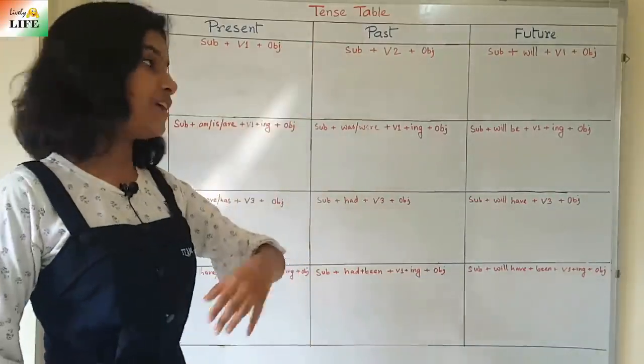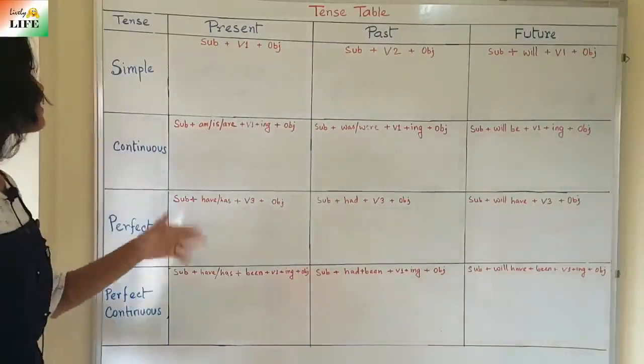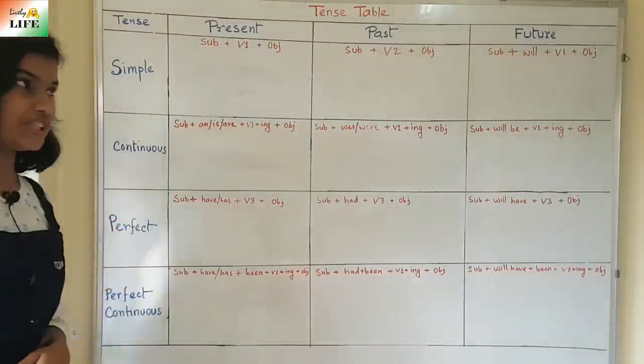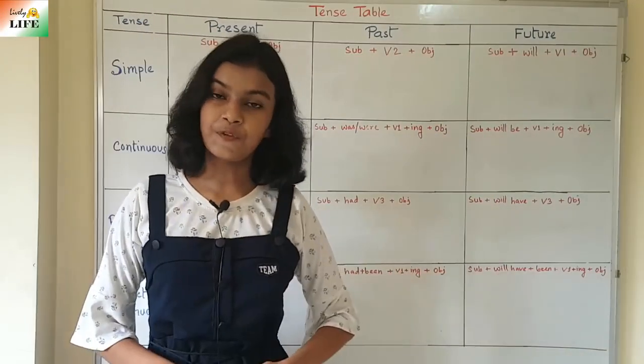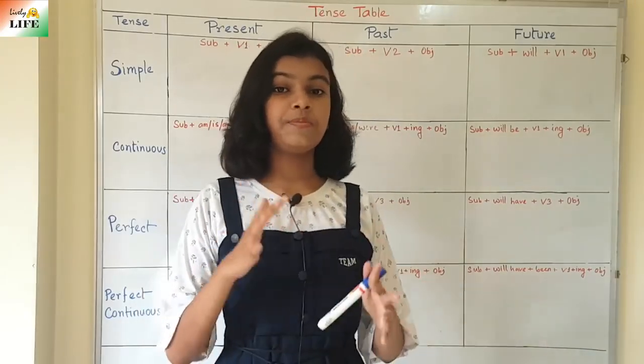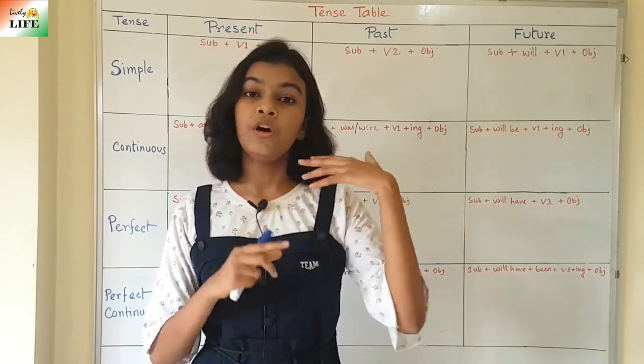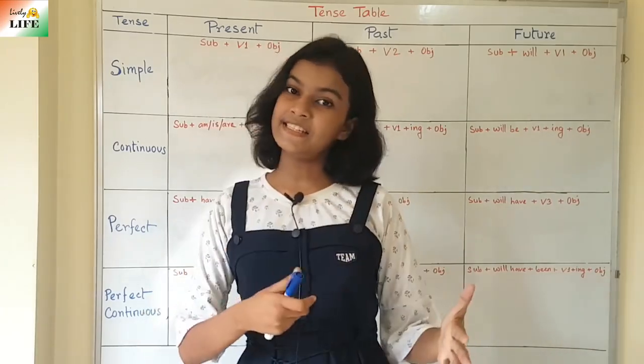Then past is also divided into 4 parts: simple past, past continuous, past perfect, past perfect continuous, and the same with future. And I'm also going to do separate videos about all these tenses, where I'm going to discuss these tenses in detail.